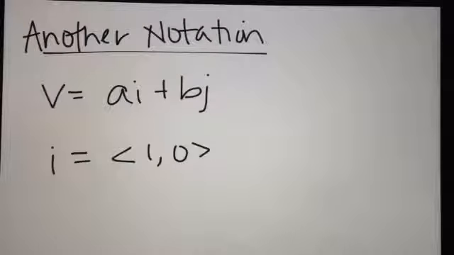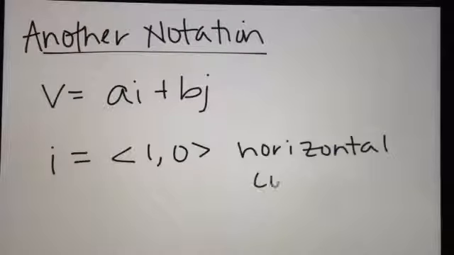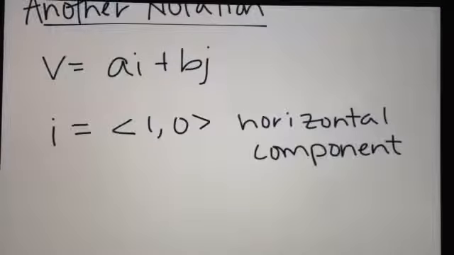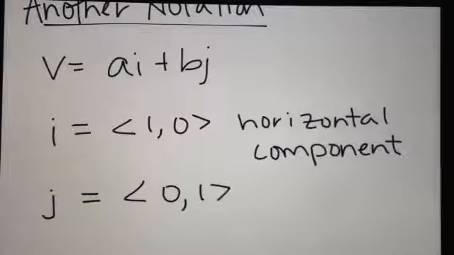And so the coefficient for the i is basically whatever number you would have had in that first spot. And so that number is the horizontal component. And then if you had a vector that was just plain j, then they really meant 0, 1, and that's the vertical component.